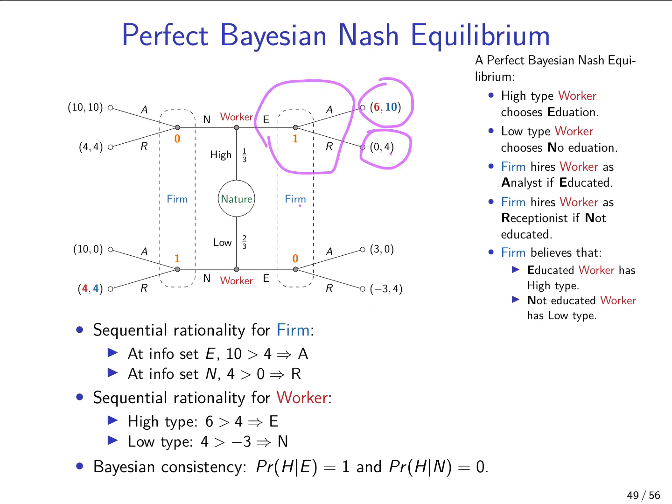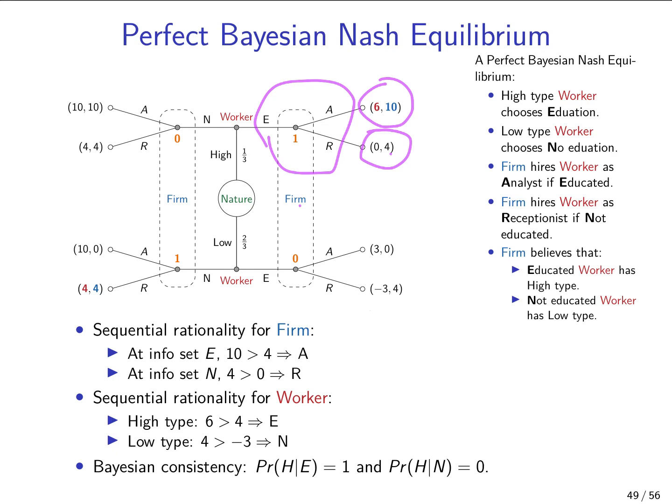If it's not 1, it's some number between 0 and 1, then we would need the expected payoff. That could happen if, say, we have some mixed strategy, or if both types of worker would choose education. But in this equilibrium we don't, so that makes the calculation simple.